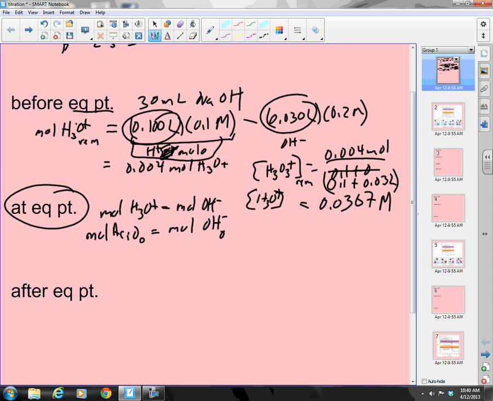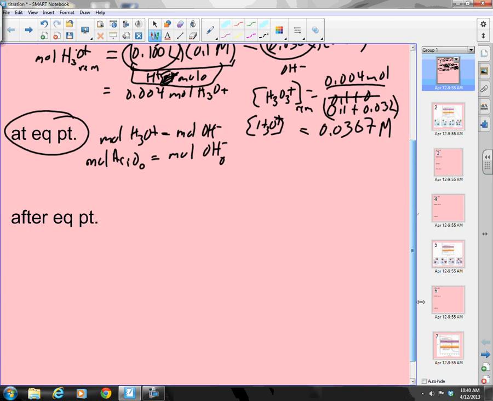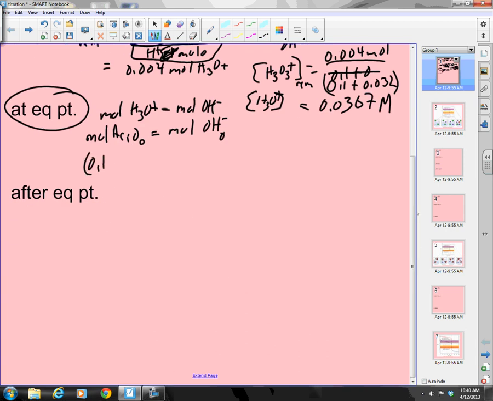So how many moles did I have originally? 0.1 times 0.1, which is 0.01 moles of hydronium, which is equal to the moles of hydroxide.